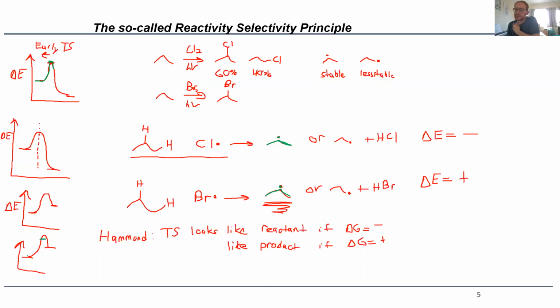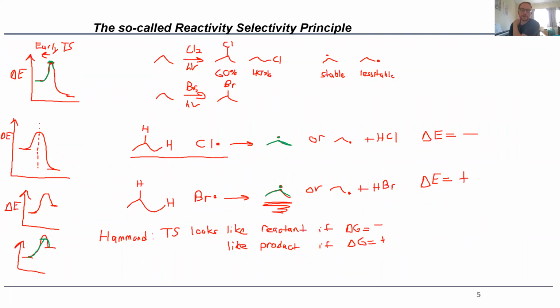And so we'd expect it to have a lower energy transition state. And so the ability of the bromine radical to traverse this lower energy transition state gives a selective formation of the secondary alkyl radical, whereas in the case of the chlorine radical, the two energies of the transition states are very close to each other because it's early. And therefore, there's not a lot of selectivity. So that is, in turn, with the Hammond postulate, we can explain this reactivity-selectivity principle.